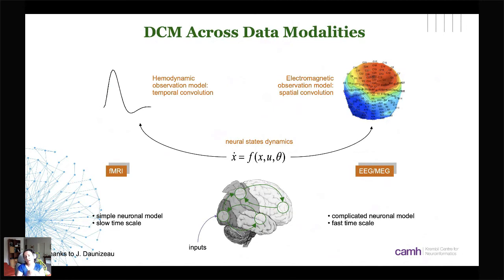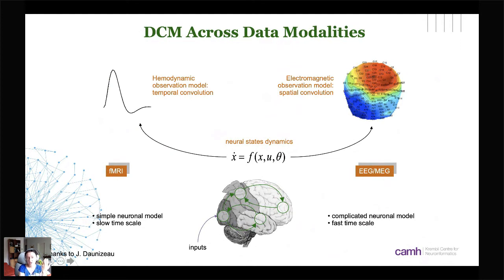And again, what they share in common is this observation equation, or the forward model, that relates how states evolve through time into a measurable signal that we can record with fMRI, or measure from electrodes placed on the scalp.